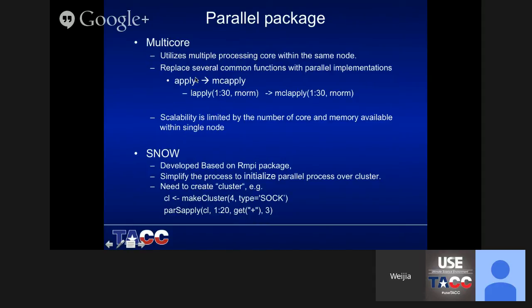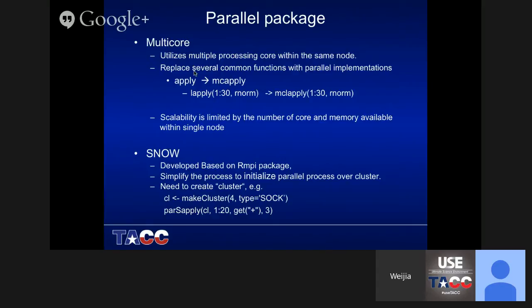With the multicore package, you need to find the corresponding function it supports. For example, lapply becomes mclapply. If you call this one, then the computation will be done over multiple cores. If you use the default lapply, it will be done over just a single processing core.